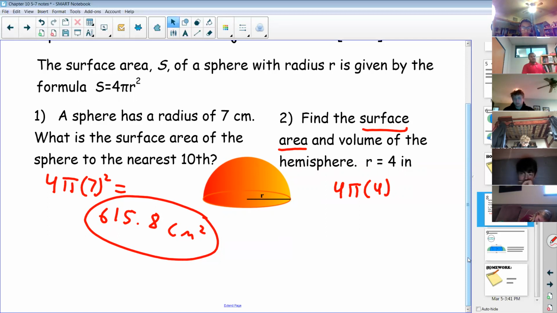But then it's only half of a sphere, right? So we need to make sure that we either divide the whole thing by 2 or multiply it by 1/2. So now we've got our equation, just taking half of our sphere, and we multiply all those things together, and that comes out to be about 100.5.